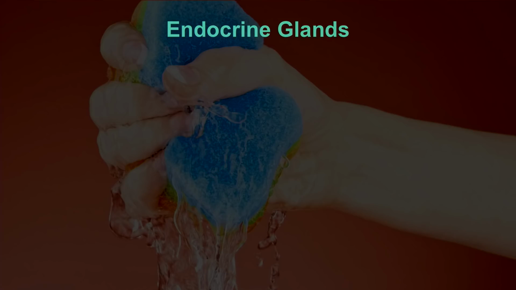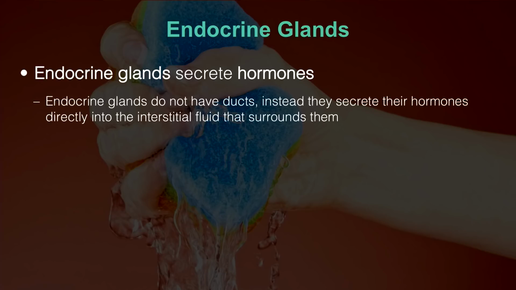You'll learn about exocytosis, but they are delivered by the cell to the immediate environment. They don't have ducts. They are cells or a cluster of cells that secrete hormones directly into the environment surrounding those cells. And the environment surrounding any cell is the interstitial fluid. The space, the fluid between cells within a tissue.